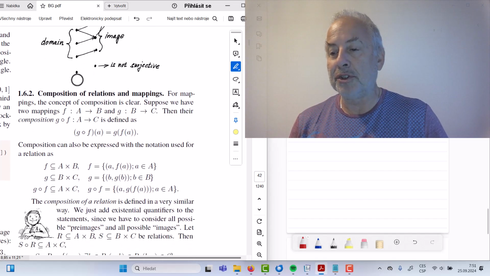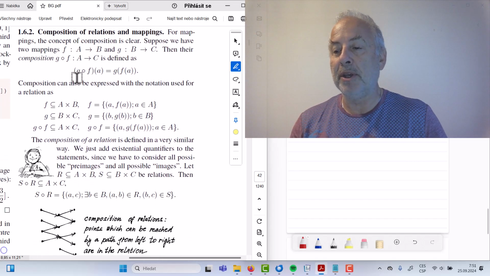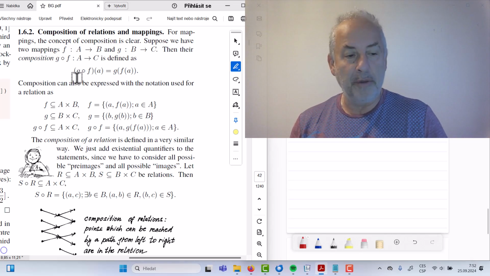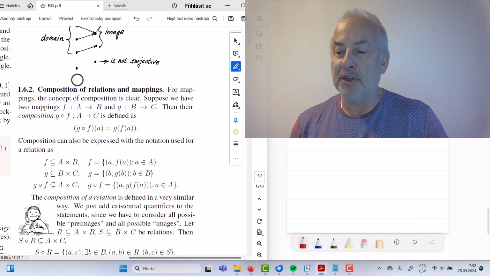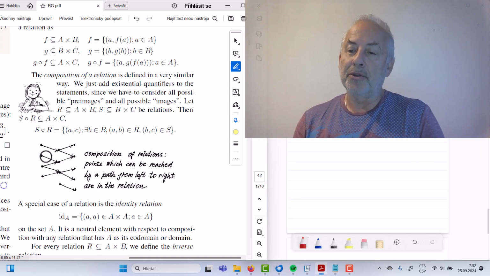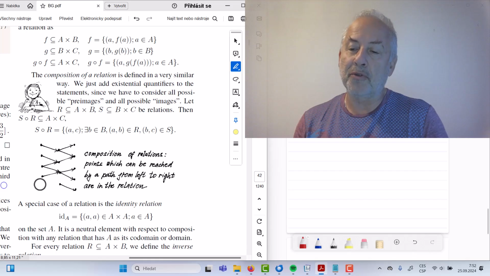So the relations can be composed exactly as mappings, so you can see it in the definition. So simply, if you imagine the relations as being drawn by such arrows from the domain to the target, then composition of the things means that you can find a path from the thing here to the thing there, right?